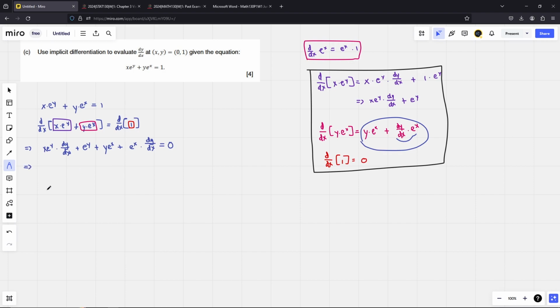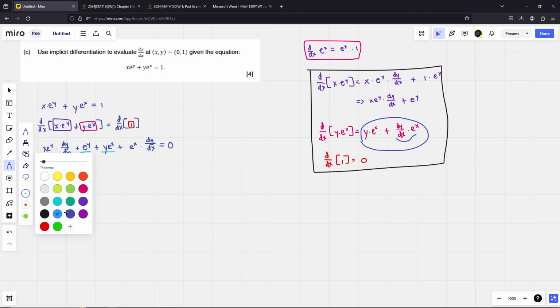Okay, so let's move all the terms without a dy by dx to the right hand side. So that's going to be this term and this term.